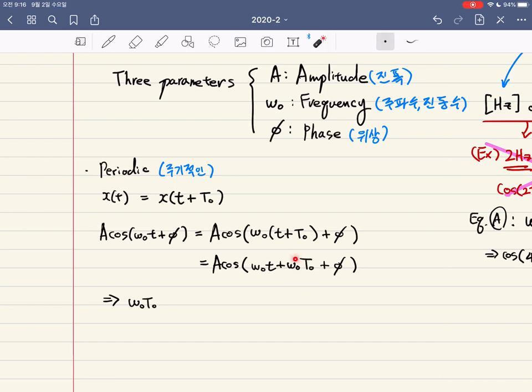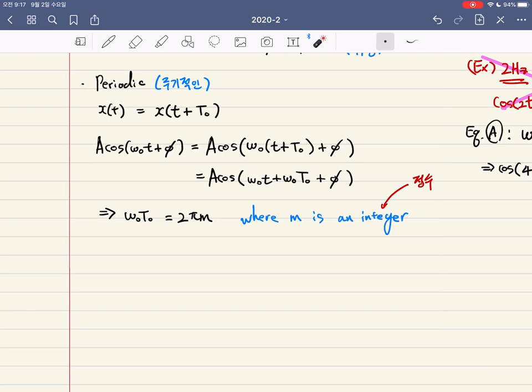So this part right here equals 2 pi times m, where m is an integer. Then you can get the same signal, same result, same value.